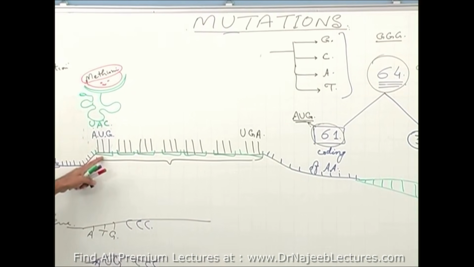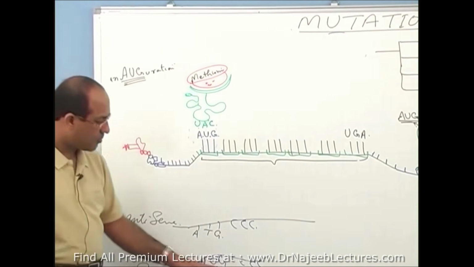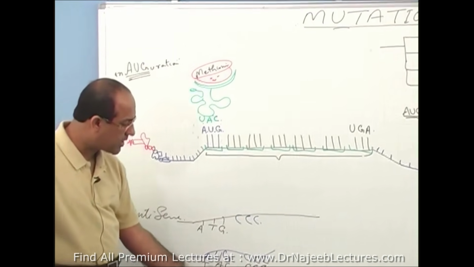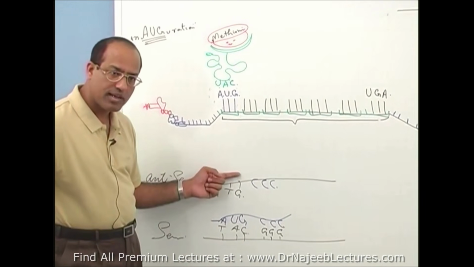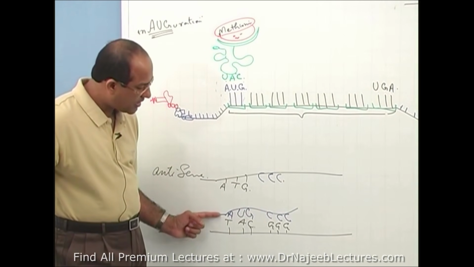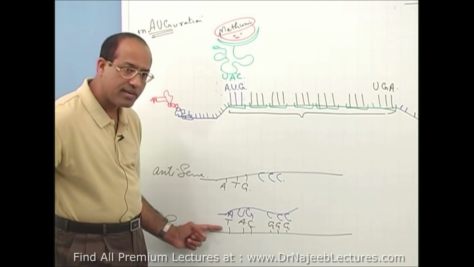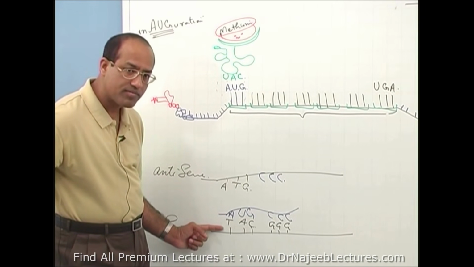Is that clear? After that, we were discussing this point that basically DNA has a template and anti-template. Transcription is basically, you can say, transcribed RNA is complementary to the template sequence, right?